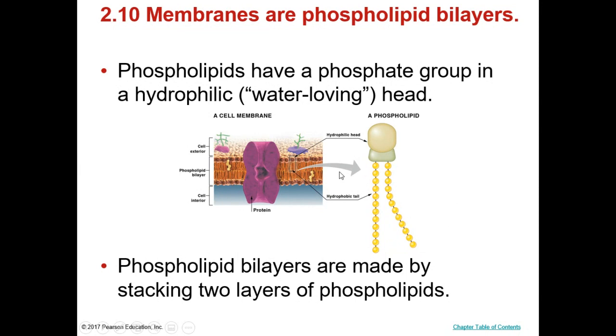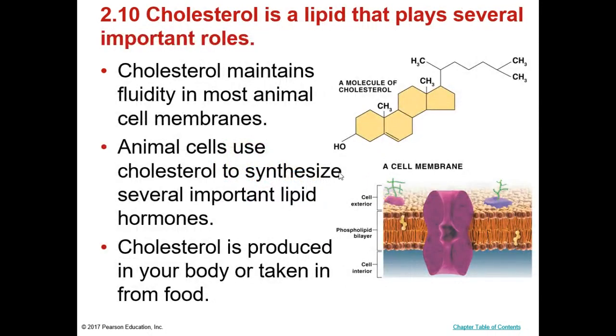Then the thing is, cholesterol is transported in the blood, right? So if you have an excess of cholesterol, you can actually build up that cholesterol in the blood, which becomes embedded onto the walls of the blood vessels, right?